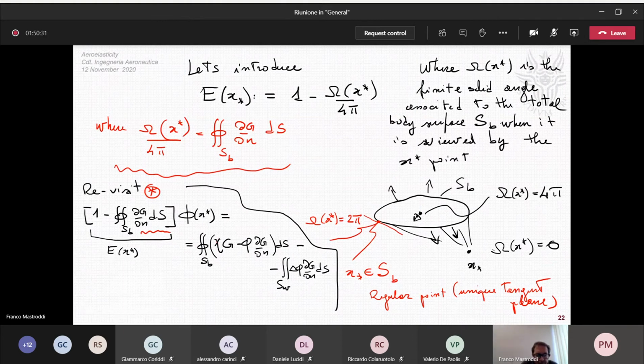and this integral is an integral depending on the x variable, not on the x star variable.